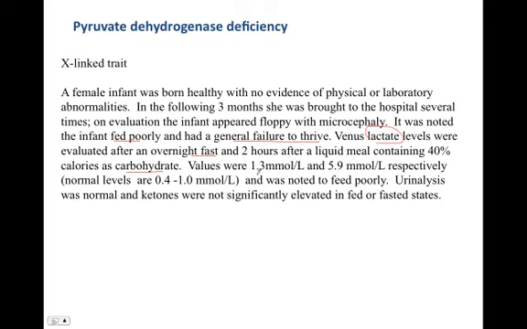Values for lactate at these time points were 1.3 millimoles per liter and 5.9 millimoles per liter respectively, and this is our normal range. So let's see if we can rationalize this data based on a pyruvate dehydrogenase deficiency. In this infant, lactate levels were greatly increased after a meal containing carbohydrates.